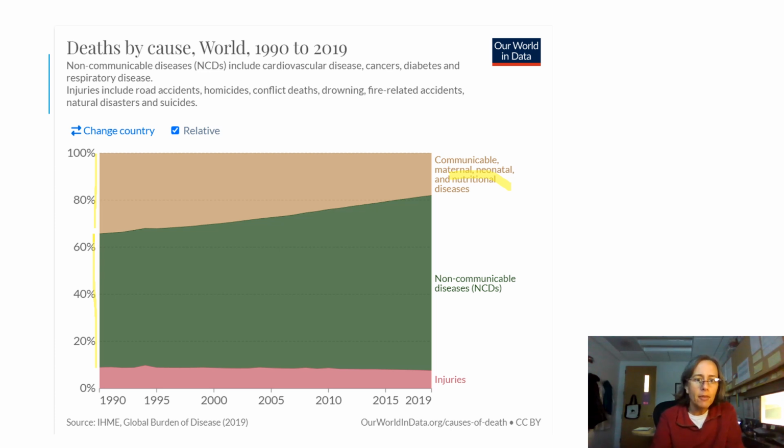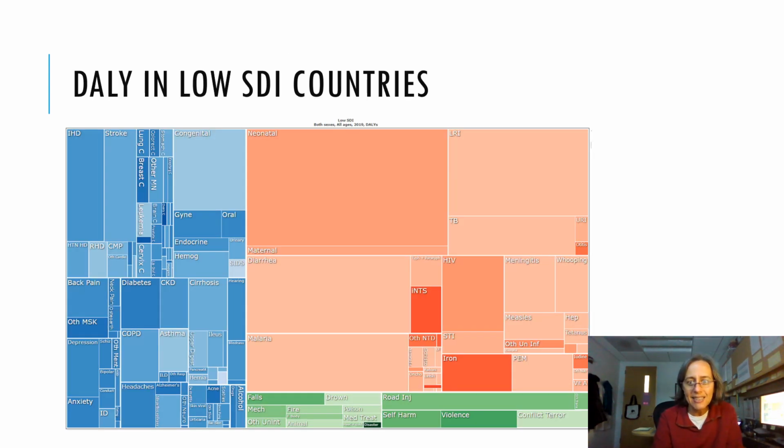But what I like about this one is you can see the change over time, right? So as places make that epidemiologic transition, let me change so you can actually see what I'm talking about. We can see that fewer and fewer people are dying of communicable diseases in the world, but we still have a lot of work to do.